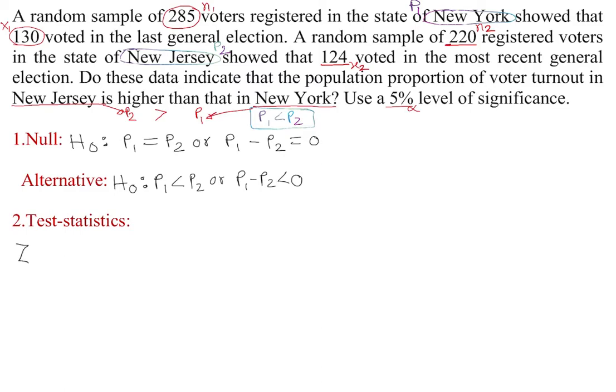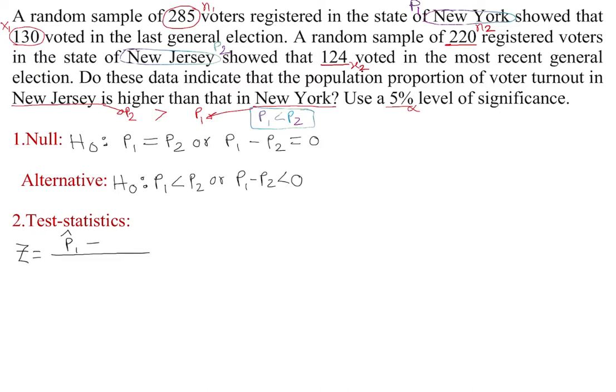z is equal to the sample proportion 1 minus, if it is a one-tail test, minus the population proportion, over the square root of success times failure over the sample size.